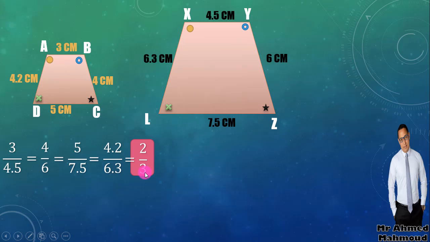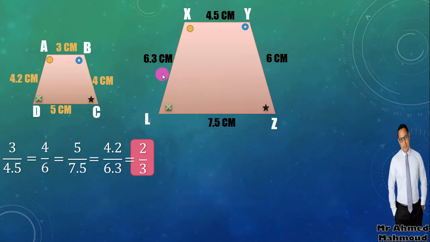Now let's find the perimeter of this one and the perimeter of this one and find the ratio between them. The perimeter here equals 3 plus 4 plus 5 plus 4.2, which equals 16.2. And the perimeter of the second polygon equals 4.5 plus 6 plus 7.5 plus 6.3, which equals 24.3.